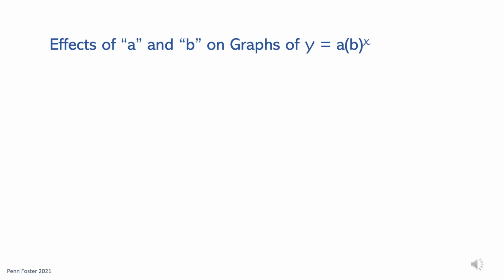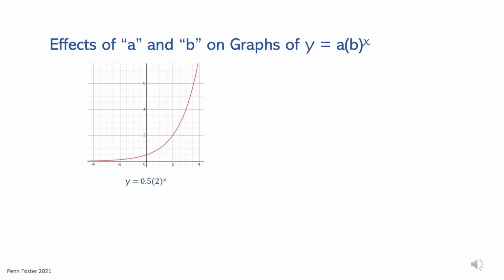For the function on the left, b is 2. Raising a number greater than 1 to increasing powers magnifies the product. When multiplying that large product times a positive a, like 0.5, it maintains the incline of the function. On this graph, the combination of a greater than 0 with b greater than 1 makes y values increase as x values increase.